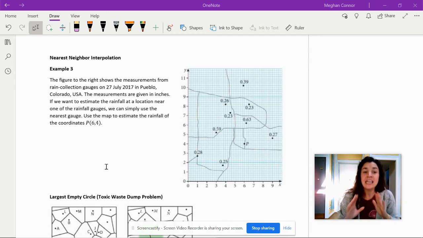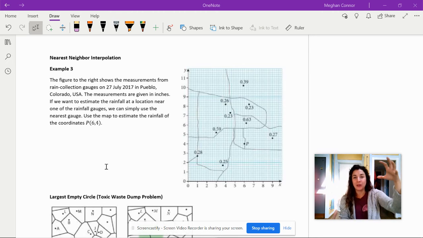So all that to say, nearest neighbor interpolation is that we are looking inside the data set that we've been given, in this case, a map, to then pull information out about that area. The idea is that if you fall within a certain cell, then you follow all of the information that goes with that cell.